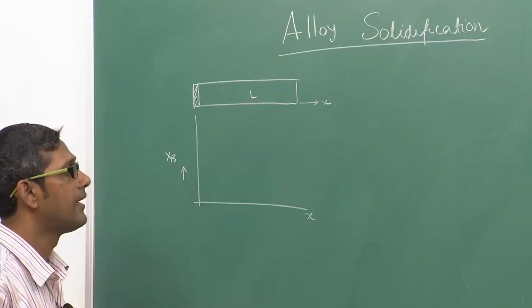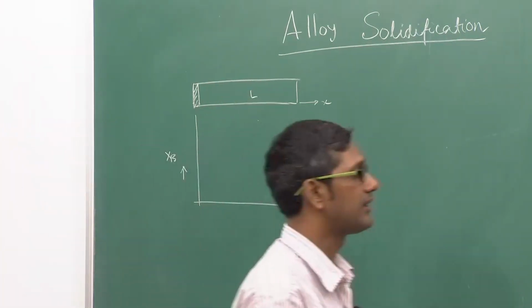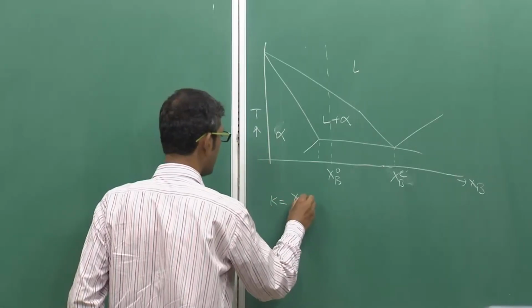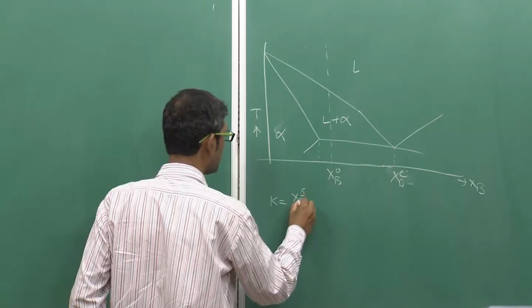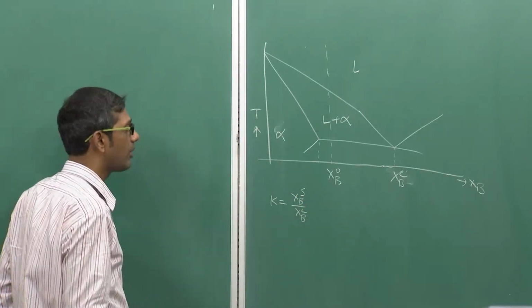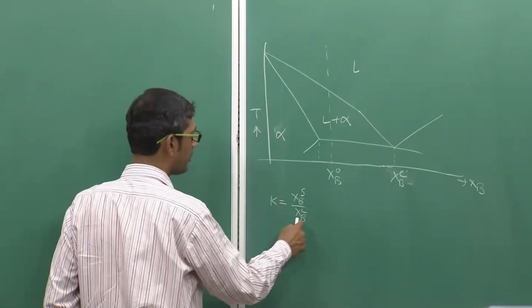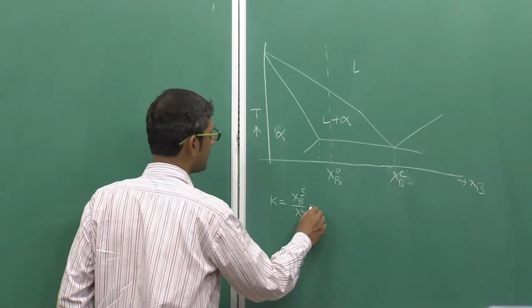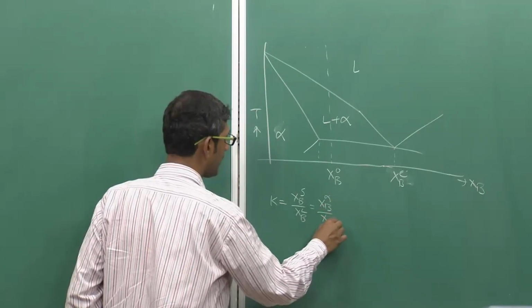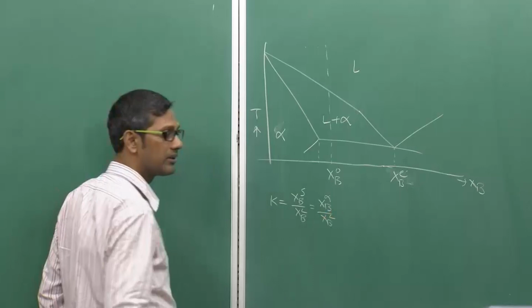Let us see that. As you know, I have already defined a term called the partition coefficient, K. K is nothing but Xbs divided by Xbl, that is the composition of the solid divided by the composition of the liquid. Sometimes this is also written as X alpha by Xl when alpha is the solid phase.